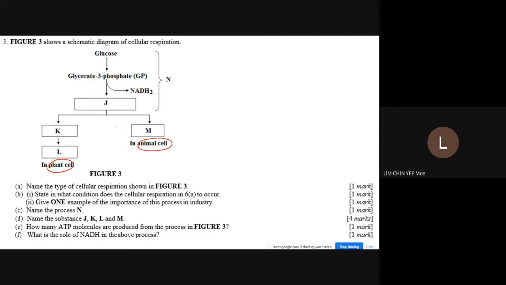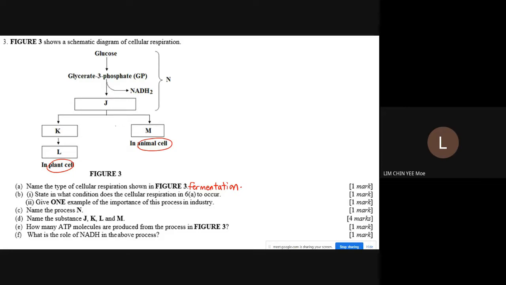A question like this is obviously asking about fermentation. When you see they separate them into plant cell and animal cell, then most of the time this type of question is about fermentation. And this one we will write fermentation. Because for aerobic, plant cell and animal cell are the same. Only fermentation is separated.